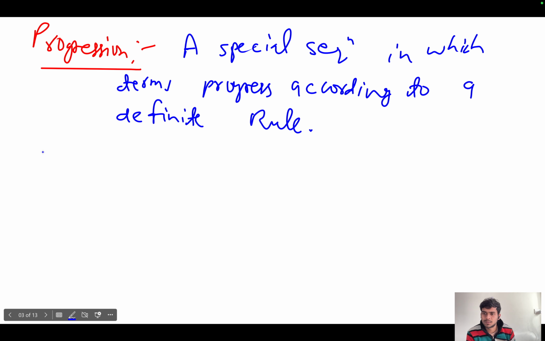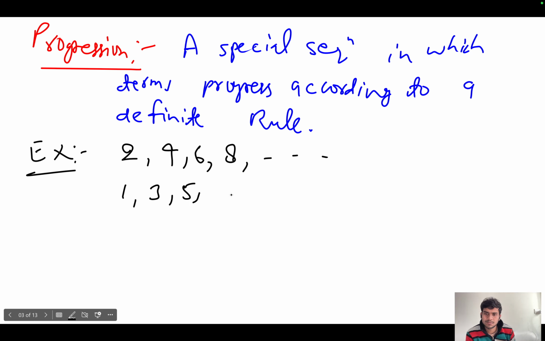For example, we can take 2, 4, 6, 8, and so on, or 1, 3, 5, 7, like this. In these examples you can see that the terms are following some pattern.